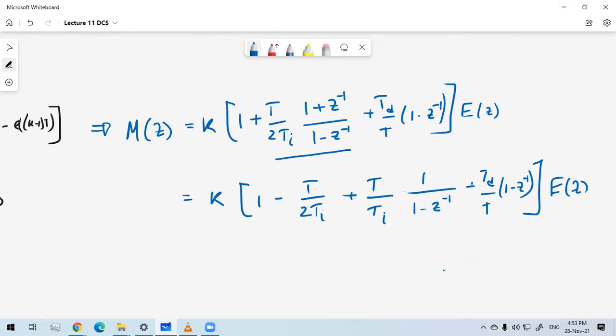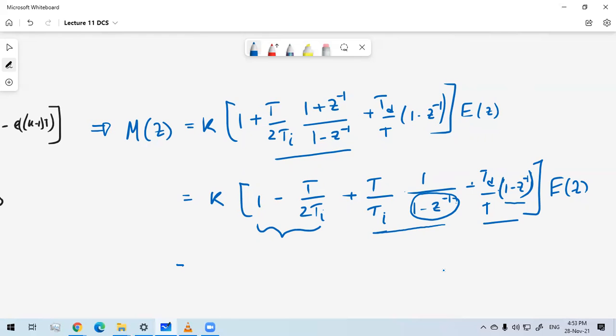Now, finally, this is simply our constants. This is the integral part that is related to 1 by 1 minus Z inverse, and this is 1 into Z. So this is what determines whether it is related to a derivative part, or if it is divided, then it is related to the integral part.